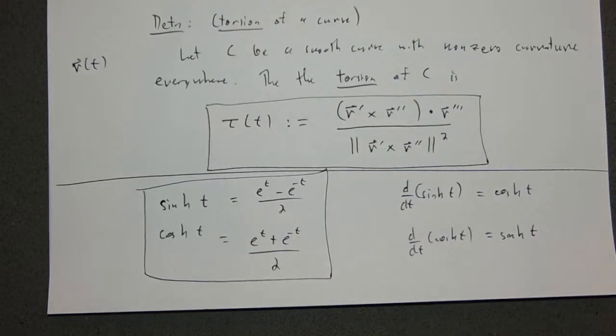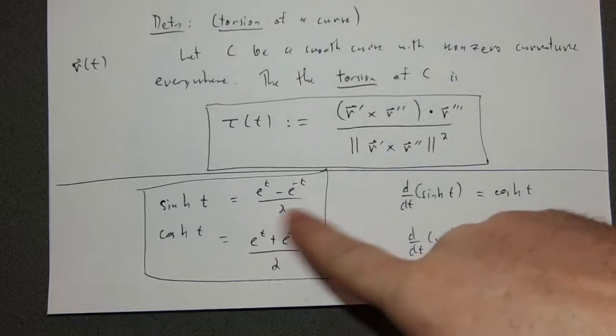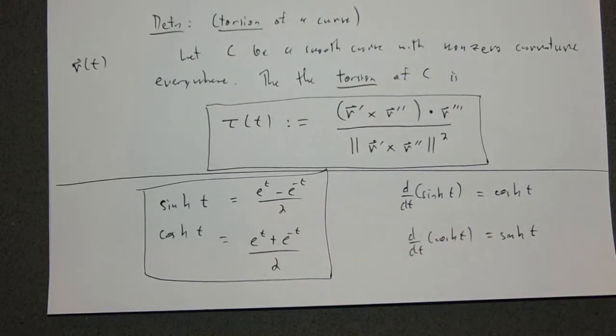So now that you know that they're just these exponential functions, you know everything you need to know about them. You can Google them if you want to see the graphs. If you just Google hyperbolic trig functions and their derivatives, you will understand all things. So anyway, I will see you all on Friday.